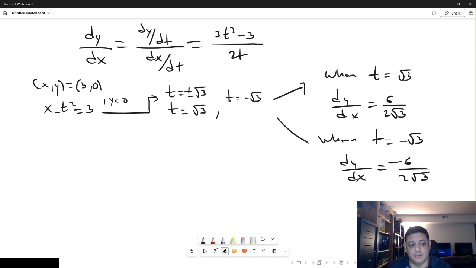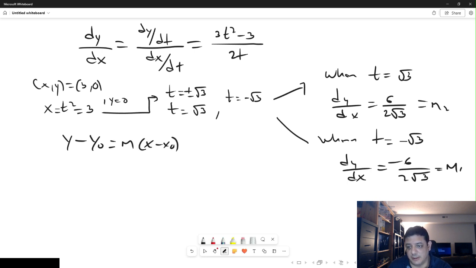Now at this point, if you remember how to get tangent lines, this is just going to be the slope. So this is either m1 or m2, and we have the point (3, 0), so we can go with y minus y0 equals m times (x minus x0).